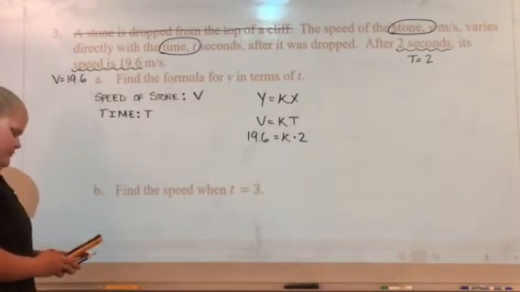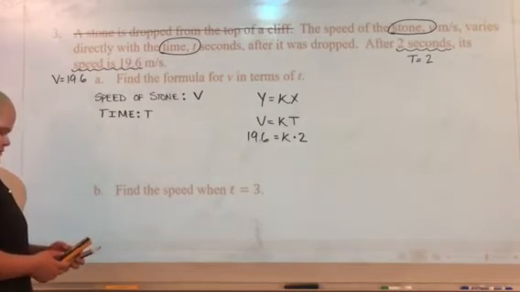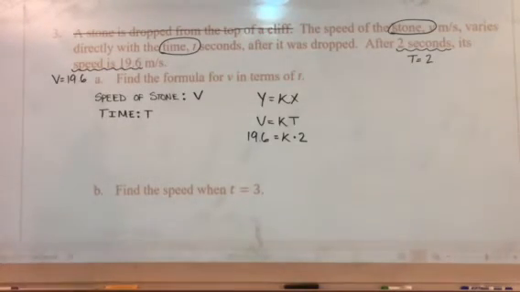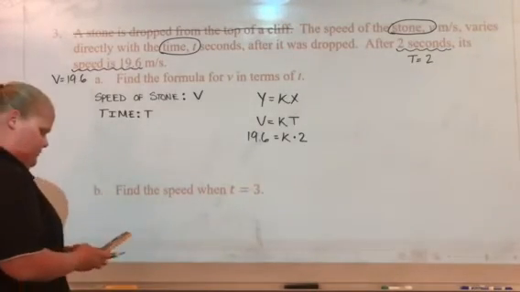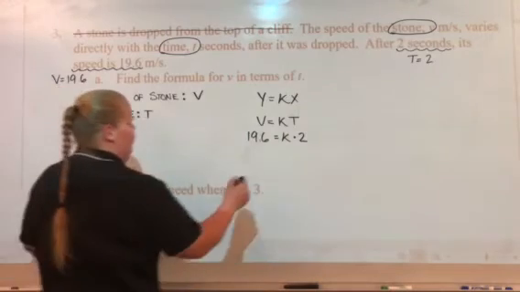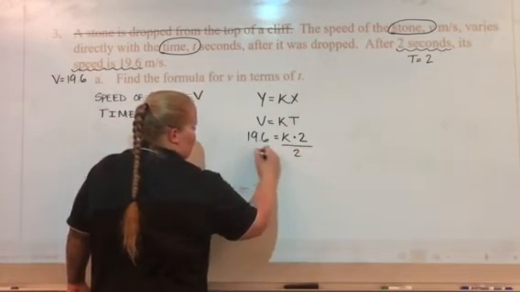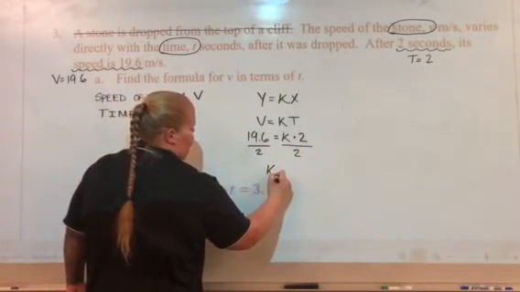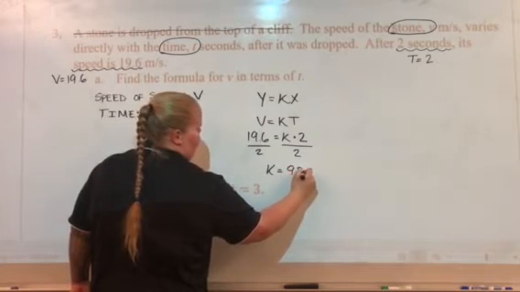19.6 divided by 2 is going to be 9.8. So k equals 9.8.